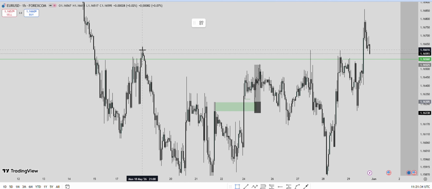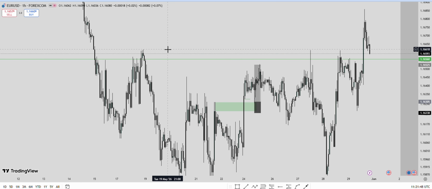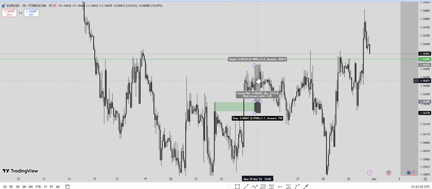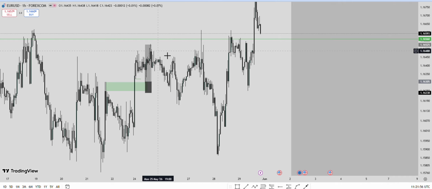I was so tired of everything, because this was a 1 hour order block here, and this is how price could have come into it, and this was where I was looking at my liquidity. That was this Monday, but eventually this was the trade I was able to see on Euro USDT, and price already played out.